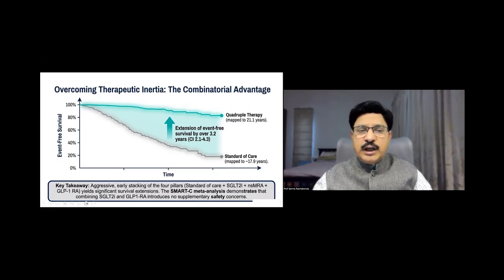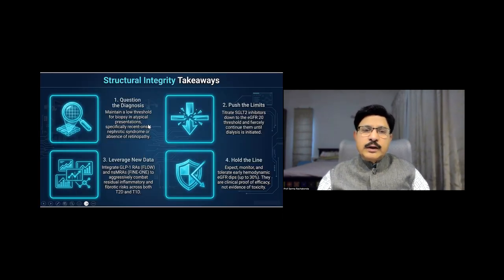This is the SMART-C trial. Meta-analysis demonstrates that combining SGLT2 and GLP-1 introduces no supplementary safety concerns. You don't have to worry about safety, and the SMART-C data shows a wonderful additive and synchronized effect of all four modalities.